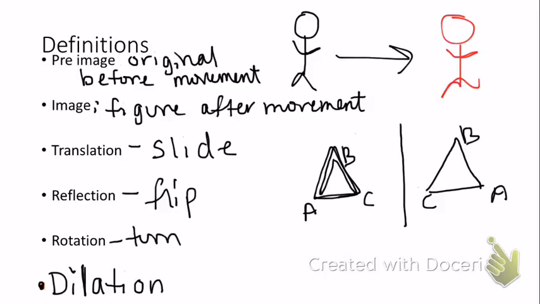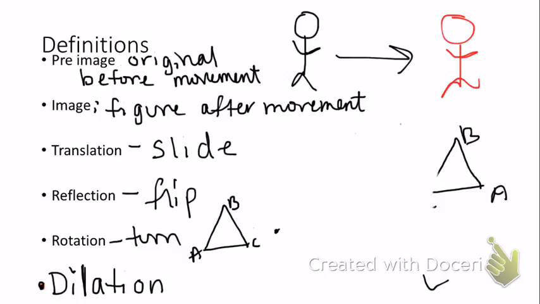All right, so if we were to, here's my pre-image, and it has to give you a direction, it has to give you how many degrees. Let's say we were going to turn it about this point, let's say 90 degrees. Erase this and give myself some room.